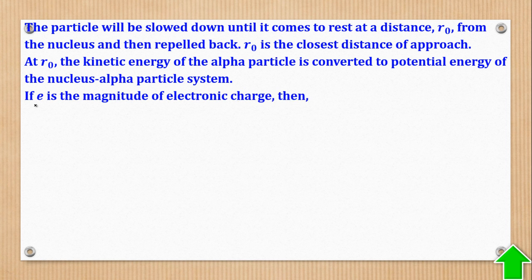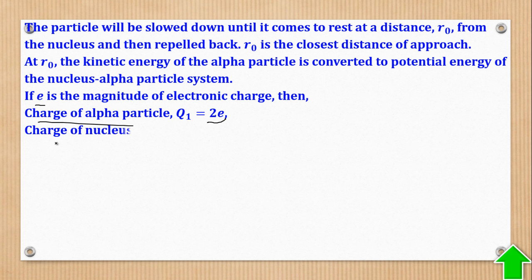This implies that if e is the magnitude of the electronic charge, the charge of the alpha particle will then be 2 times e. Then the charge of the nucleus will be Z times e. So this Z is the atomic number, we saw that, times the e.